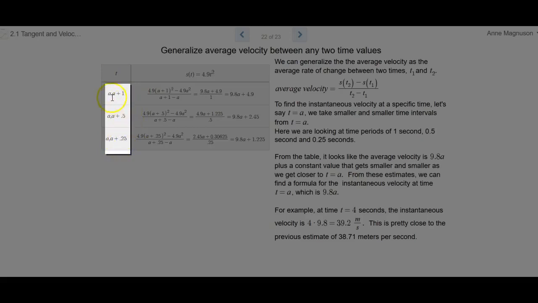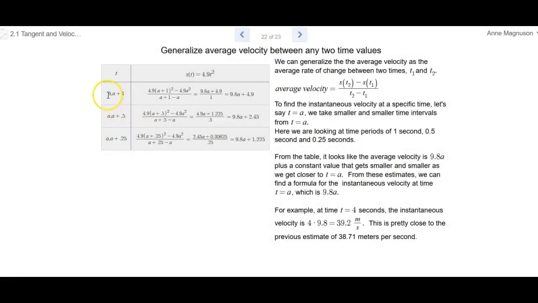And I'm going to look at smaller and smaller intervals from that time a. So here is the interval from t equals a seconds to t equals a plus 1 second. This is my average rate of change formula when I use this function, and notice it results in 9.8a plus 4.9.